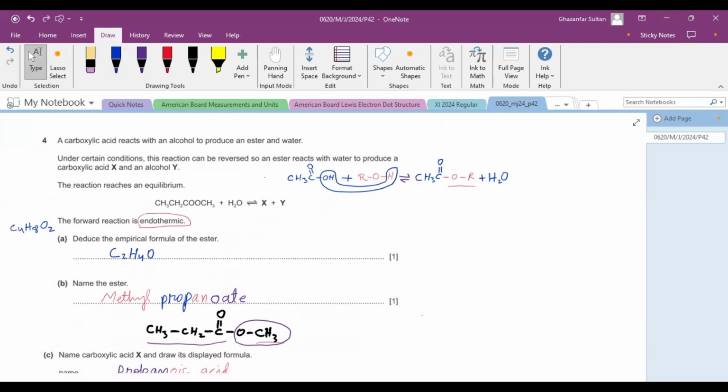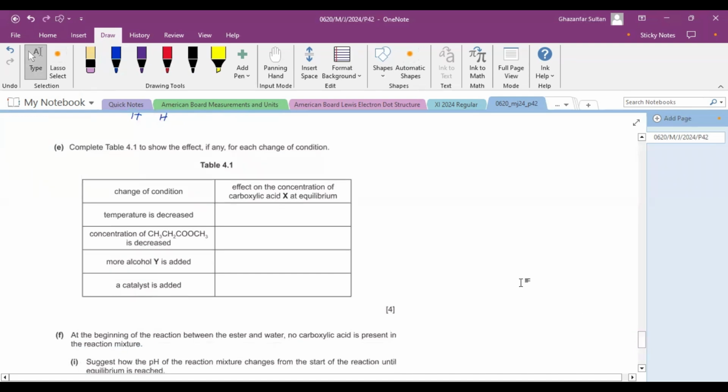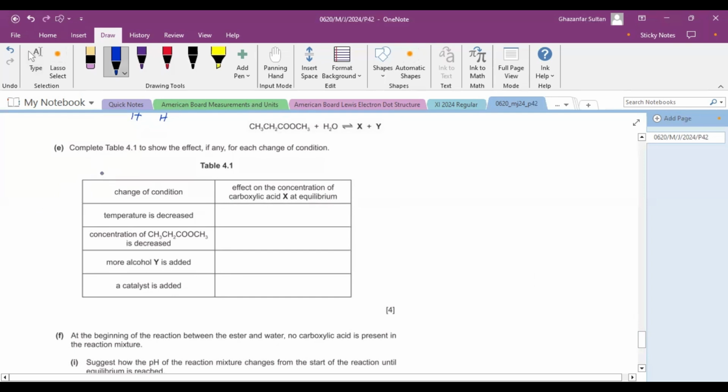So better to put the whole reaction over there with the question so that we can answer easily. So here, now see this reaction to answer this part E. Complete table 4.1 to show the effect, if any, for each change of the condition.